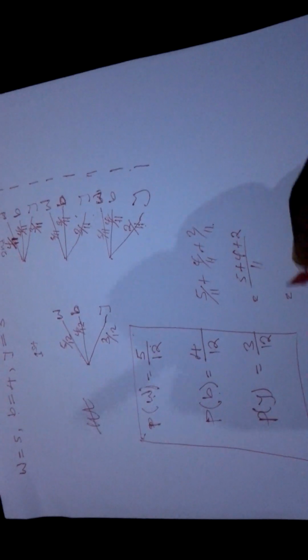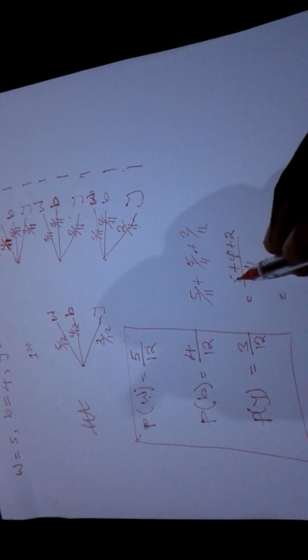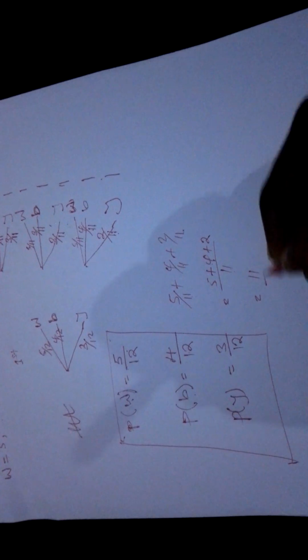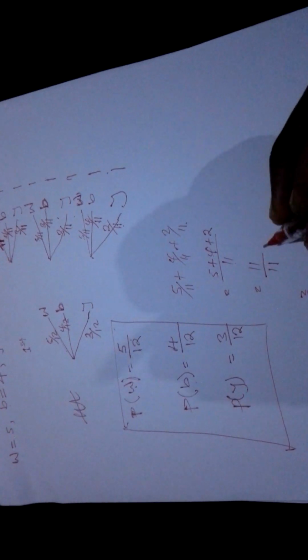So on top we have 5 plus 4, which is 9, plus 2 is 11, and at the bottom 11. So this is simply 11 divided by 11, and it's 1. Since we've gotten 1, it means our probability fractions here are correct.